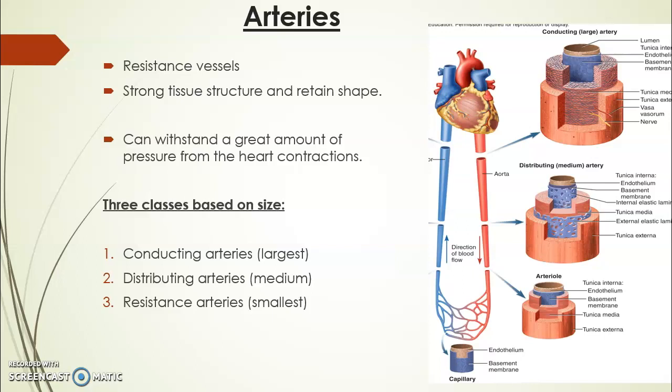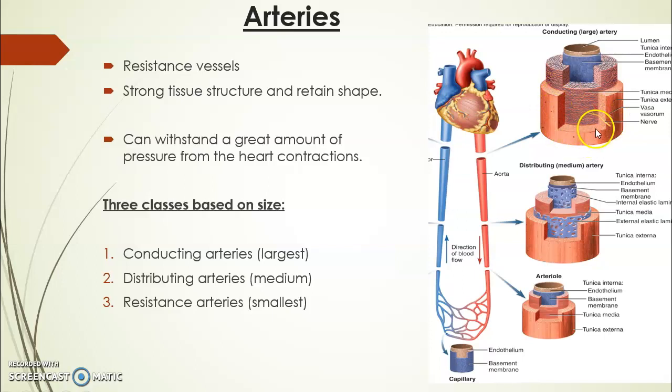So much like the ripple system, as the ventricles contract, it's going to perform that ripple down the vessel walls. So the conducting arteries must be very large. Because of that, their vessel walls are going to be very thick.